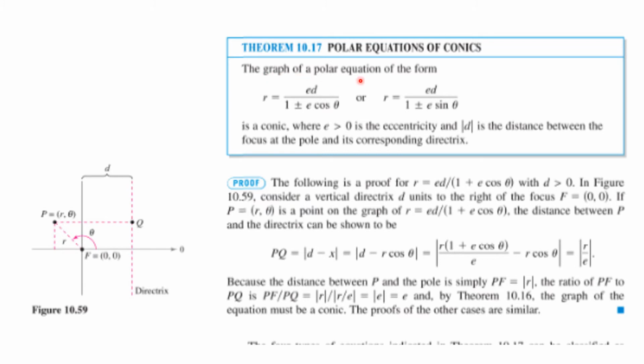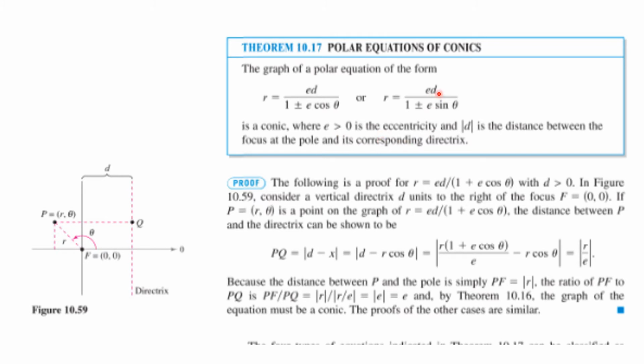The graph of a polar equation of the form r equals ed over 1 plus or minus e cosine theta, or r equals ed over 1 plus or minus e sine theta is a conic. And e is a number greater than 0. Now sometimes it will look like negative because of this plus or minus sign, but e itself is bigger than 0.